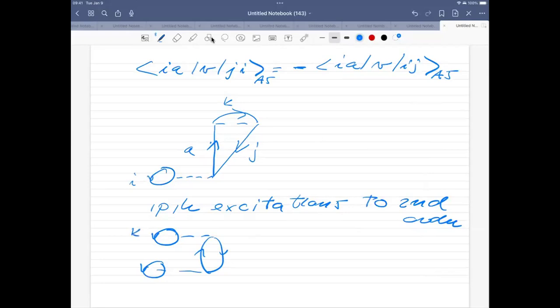So this would be labeled with K, this would be an I, we would have a J and an A here. If we stick with that convention, if you prefer this convention with hole 1, hole 2, hole 3, etc., this is a notation which is equivalent to the one which we have chosen here. These are just different ways of labeling the same things.